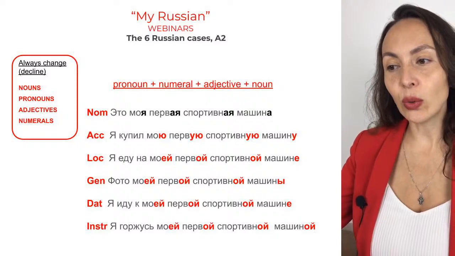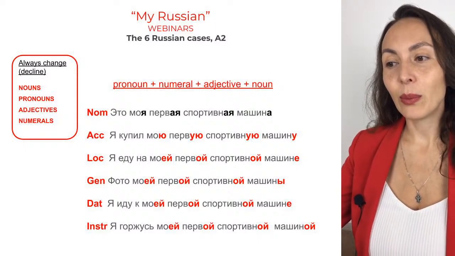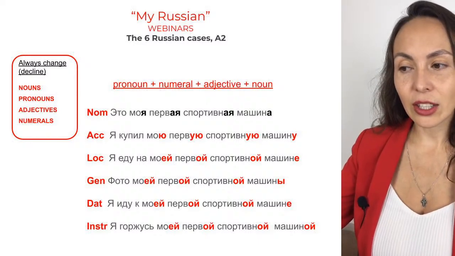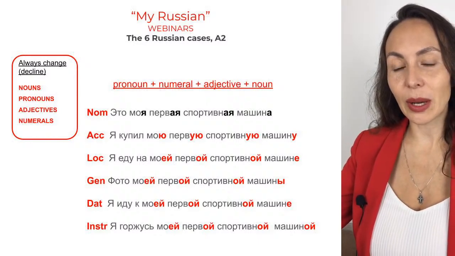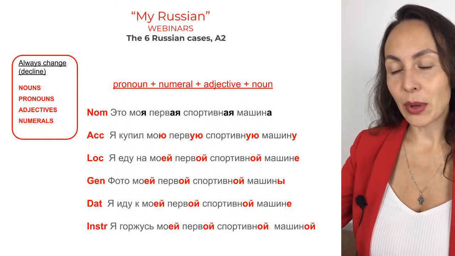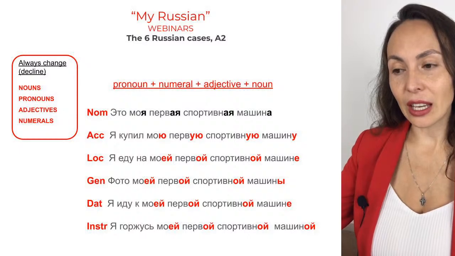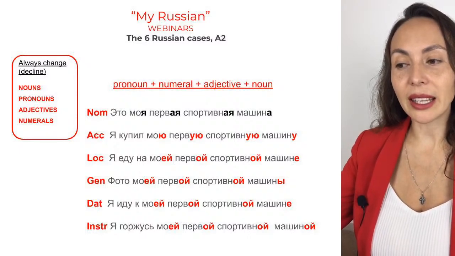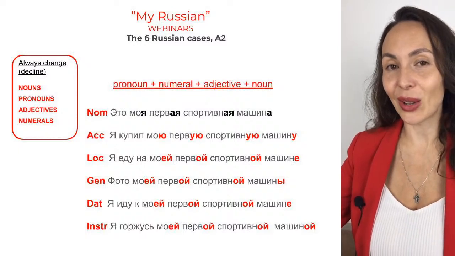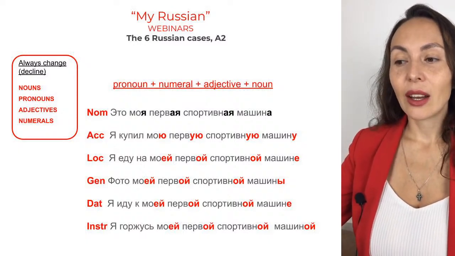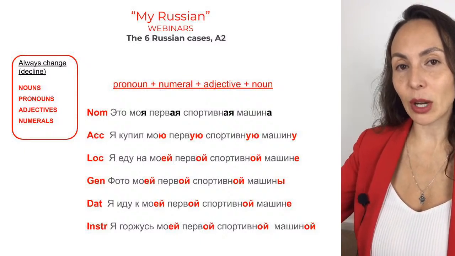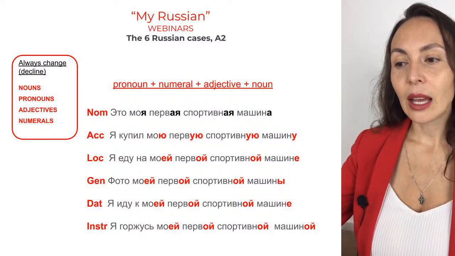Мою instead of моя. Then первая, первую. And so on. Спортивная, спортивную машину. Just the same happens in the other cases. Я еду на моей первой спортивной машине и наслаждаюсь. Then, фото. Это фото моей первой спортивной машины. Okay?